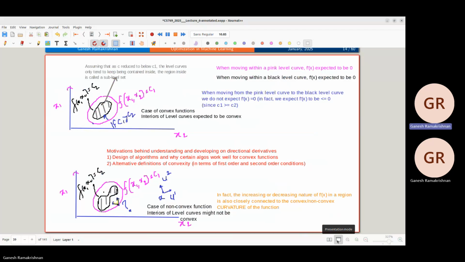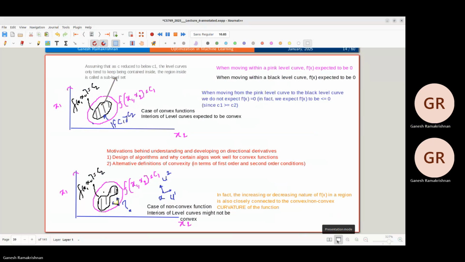Assuming that the function is actually increasing as you go towards the center, let's say the gradient of f is pointing along this direction. That could be a visualization.